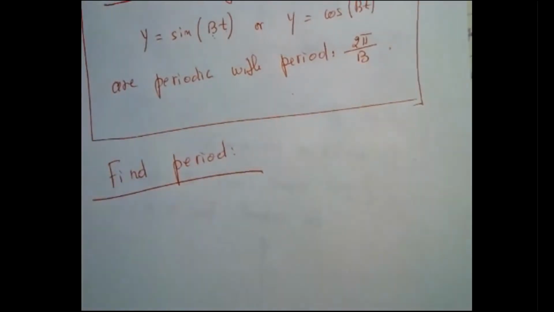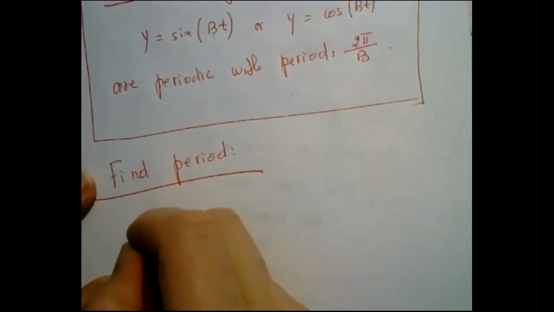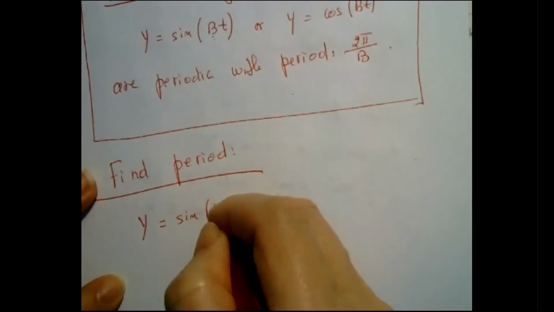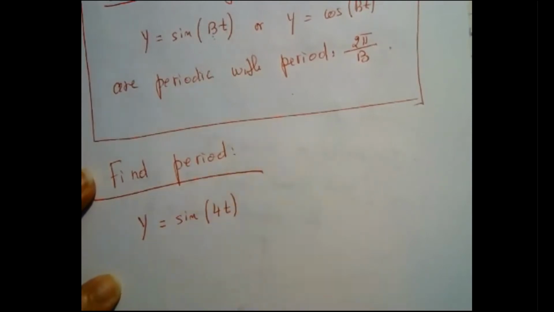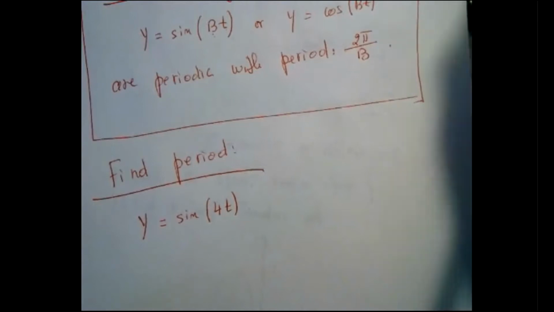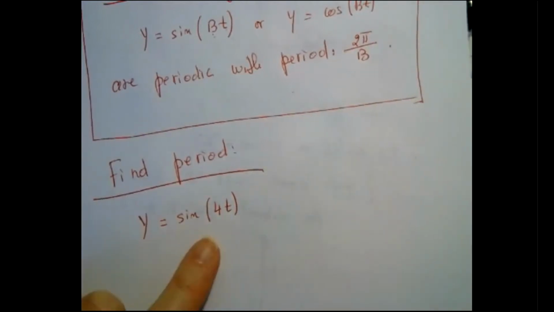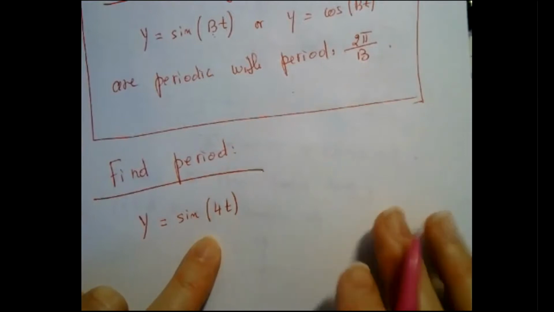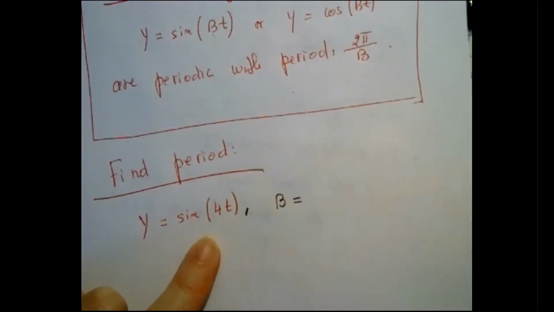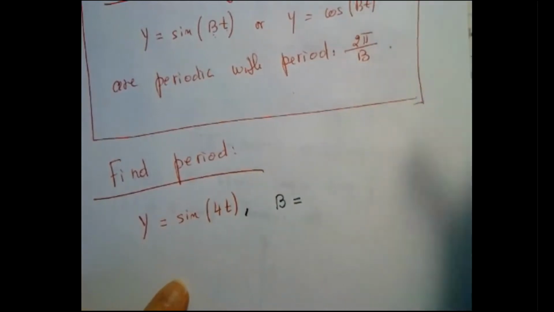Okay. All right. So y equals sine 4t. What is going to be the period? So first we identify the b, and then we find the period using the formula. So what's playing the role of b in this case, and what is the period?